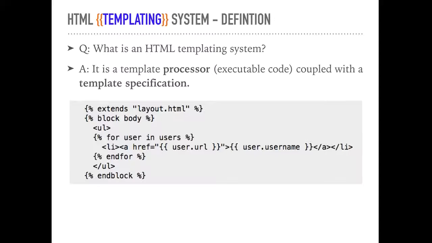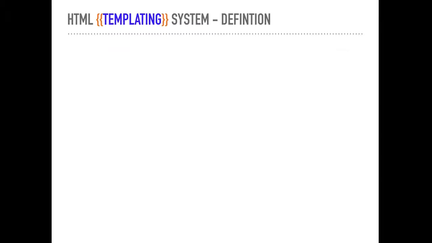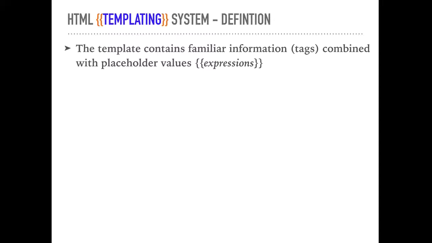So it's just a library coupled with the specification for that information via this template. So the template that we create will contain familiar information, just HTML tags in our case, just like we did with our jQuery template, except now we're going to combine that with meaningful placeholder values. So we're going to be picking up on the actual properties of the objects that we want to use, which is going to be just our array of blog articles.